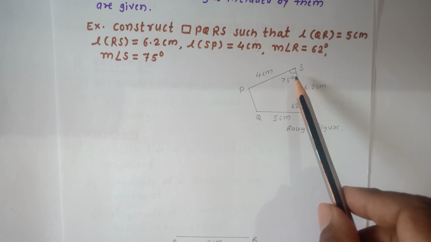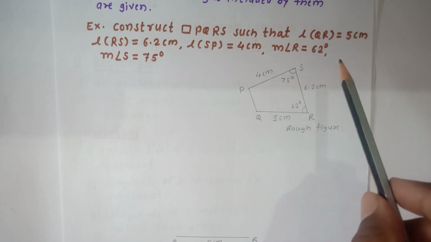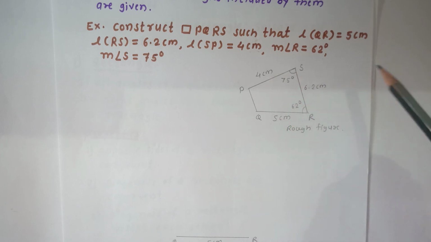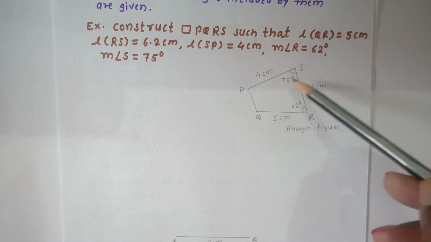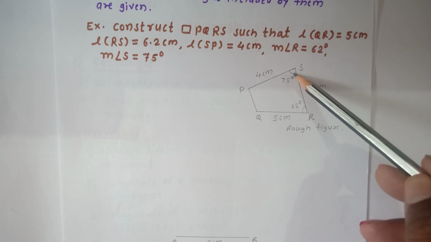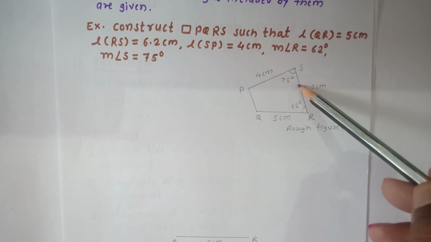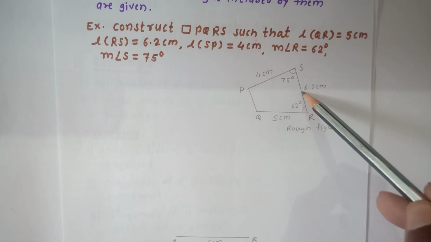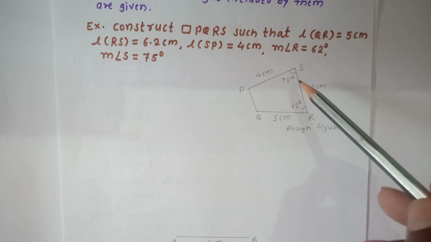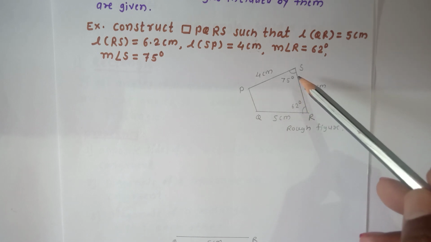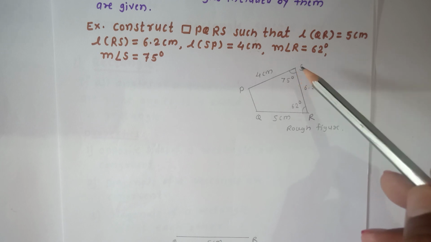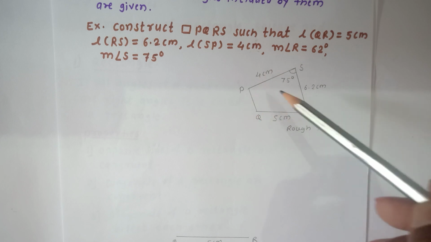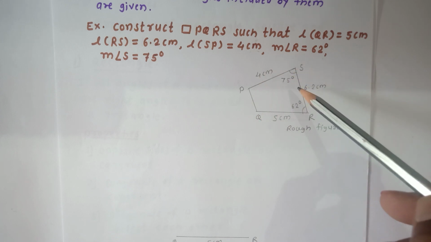Therefore here 3 sides of a quadrilateral are given, and 2 angles included by them. So angle 75 degree is included by these 2 sides and angle 62 degree is included by these 2 sides. So we have to construct this quadrilateral.